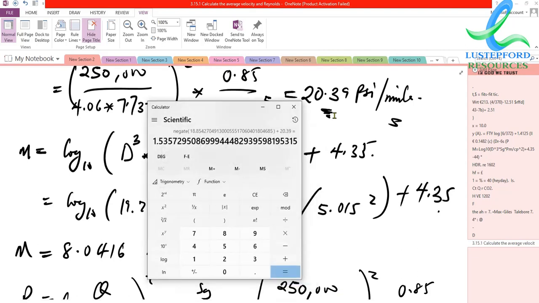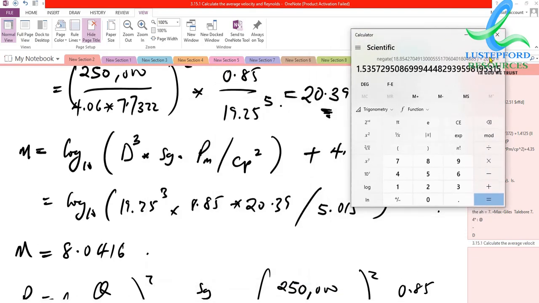So let's use our calculator now. I have 19.25 raised to power 3 times 0.85 times, I will now paste this one that we got, then divide by 5.015 squared.